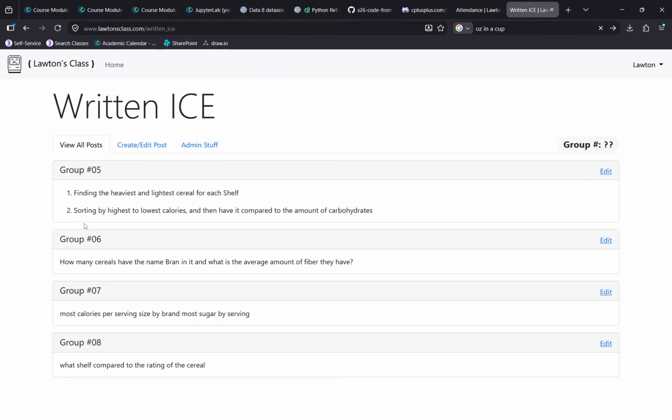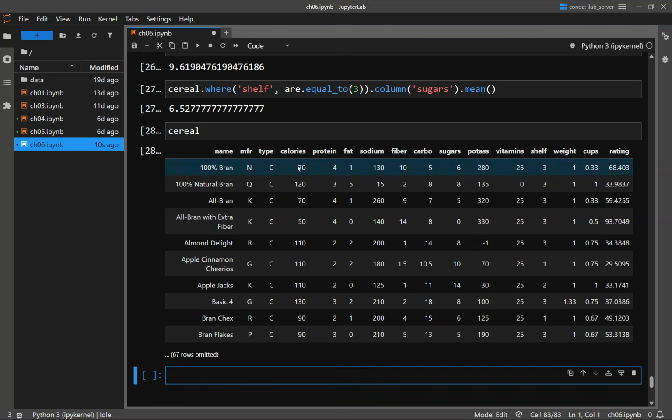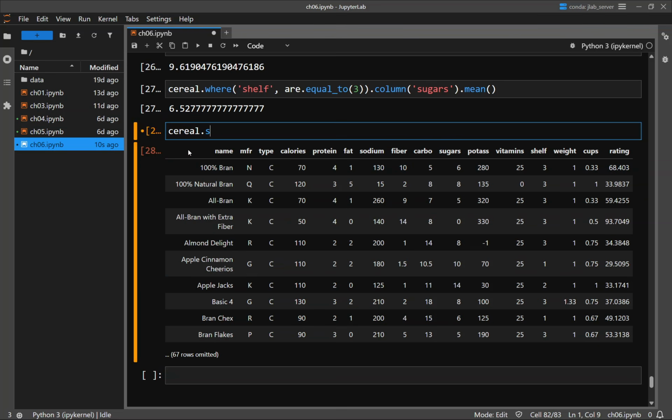So let's make a little temporary table that will give us the ability to figure that out. Let's select out only the columns I need for that. I can do name for fun, and type is cold or hot, so I want the type. And then we have to define what it means to be healthy as well. So maybe we can define healthiness as having a decent amount of protein and fiber.